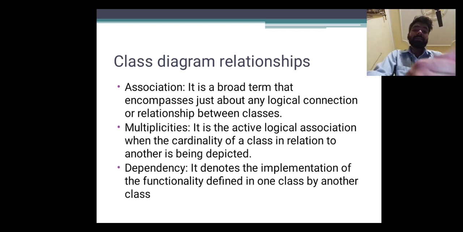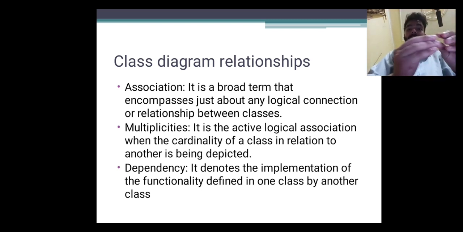Links represent the relationship between objects. Links and associations are two main important terms which are used in the class diagram. A link is basically a connection between objects, and associations are the relationships between classes. I hope you all understand links and association.